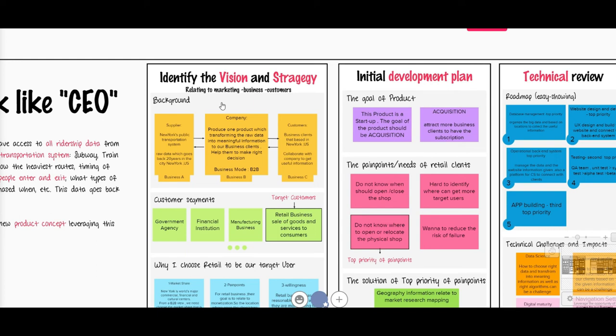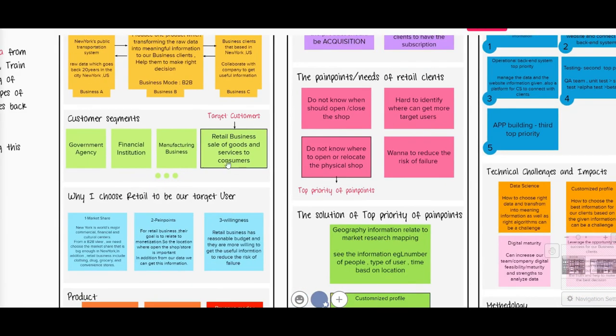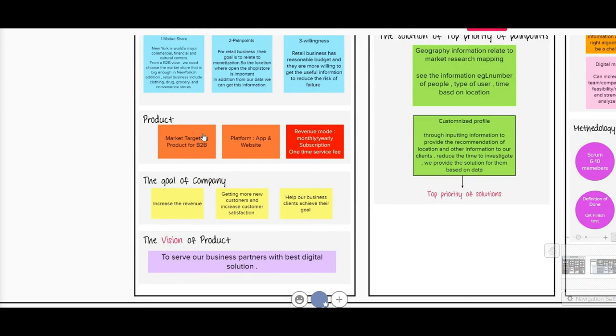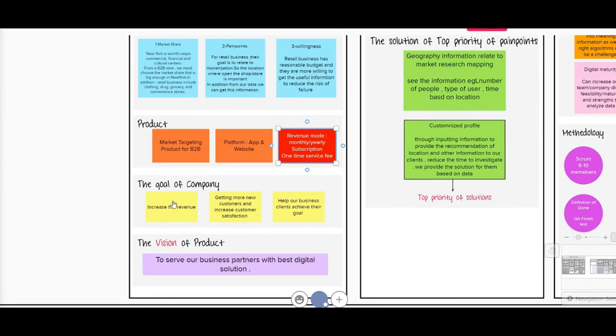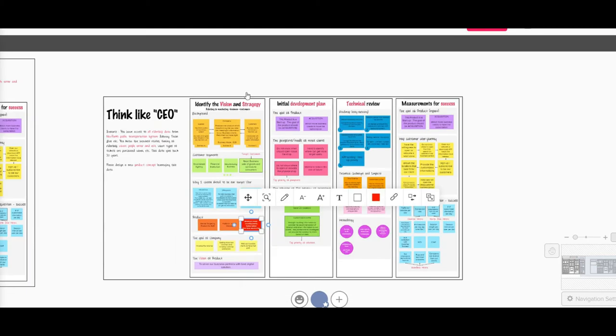These are all different kinds of segments. And actually, the target customers are our retail business clients. And I mentioned what the product will be like and what the revenue model will be. And also what the goal of our company and the vision of the product is. And right now we already have the big picture and the scope statement about this product.